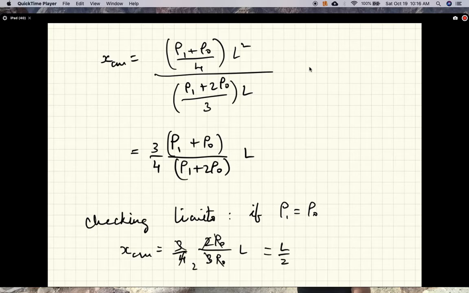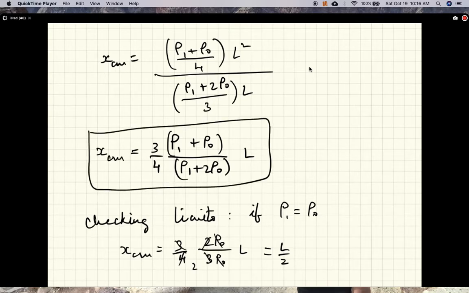Alright, so we got the right result. At least it has the right limit. So there's the center of mass. Okay, that finishes this problem.